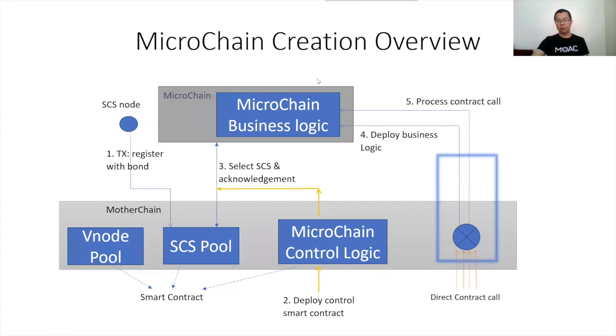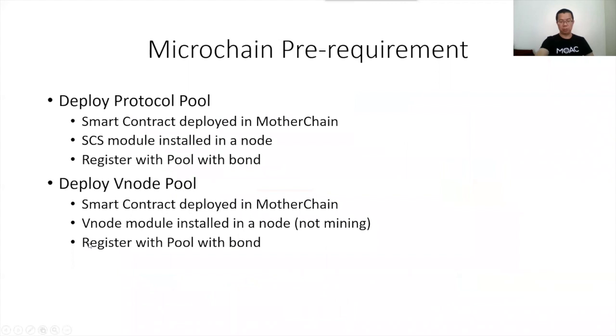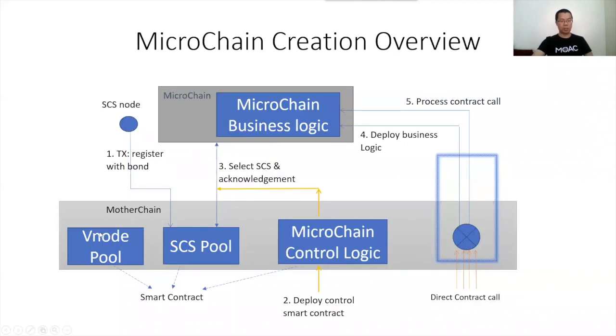Okay, so this is the creation overview. This is the bottom layer, the mother chain, and we will create several smart contracts beforehand. One is the vNode pool, a smart contract. All the vNodes will register with the vNode pool.